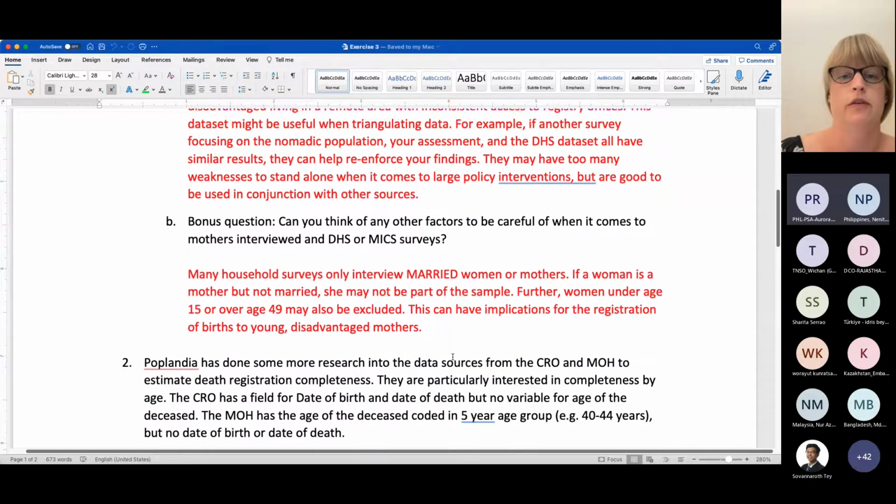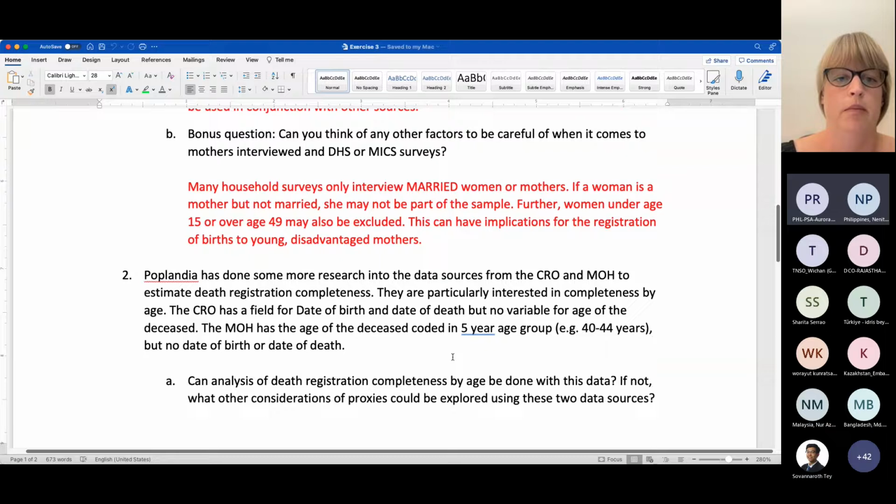I'm also going to quickly talk about this bonus question here. I asked, what other factors might you consider? And we discussed this in the lecture. The survey might only interview married women or mothers. And so if a woman was a mother but she wasn't married, she would be excluded.